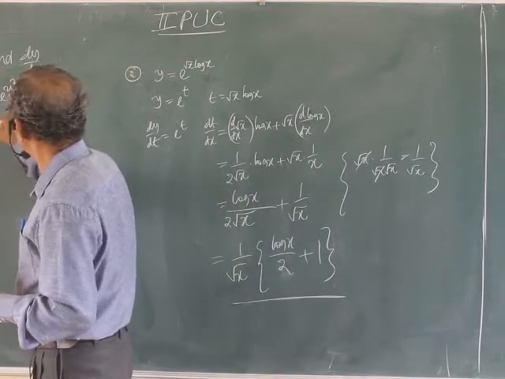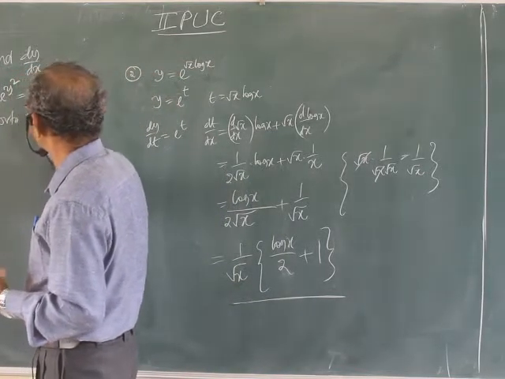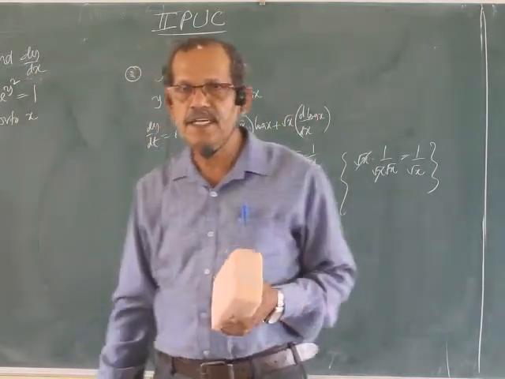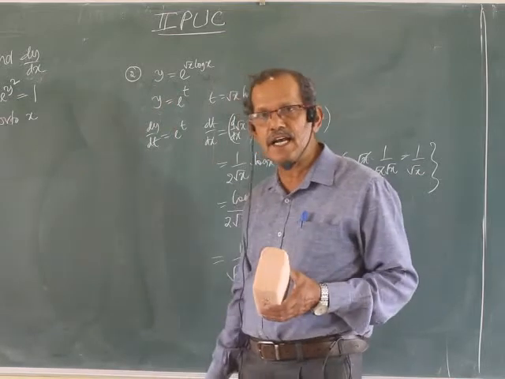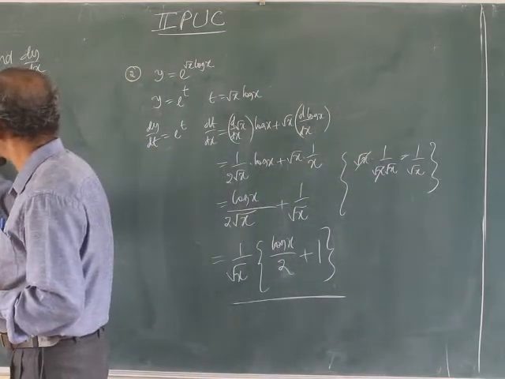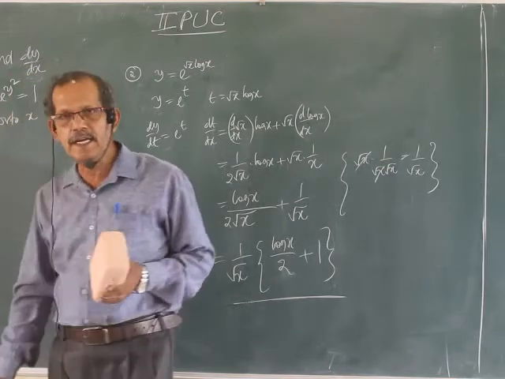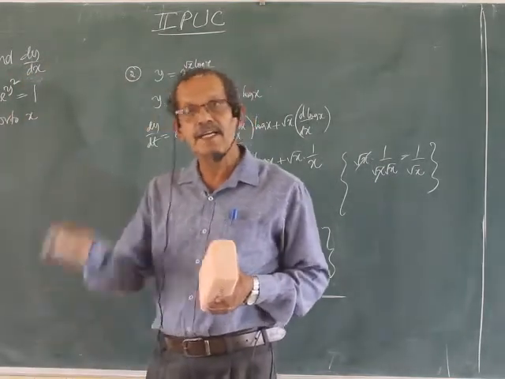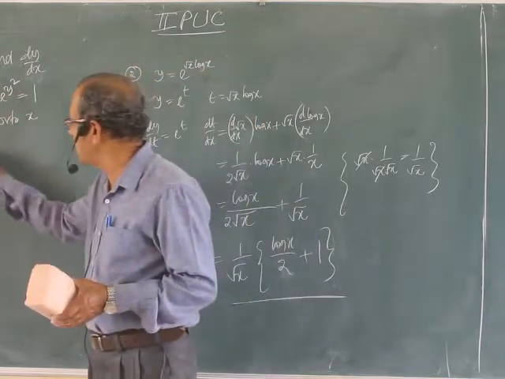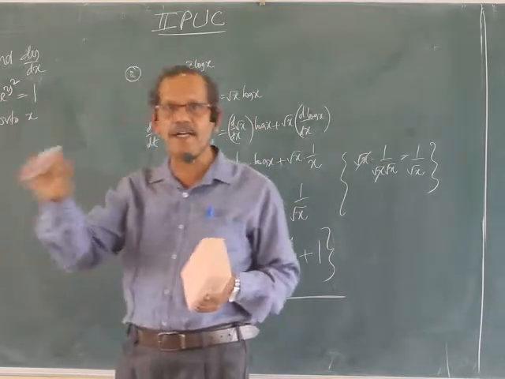Differentiating both sides with respect to x. Differentiate, implicit function means differentiating both sides of the given equation as it is with respect to x. Derivative of e to the power x square is e to the power x square into chain rule. Whatever in the power, you have to multiply it by the derivative of that.